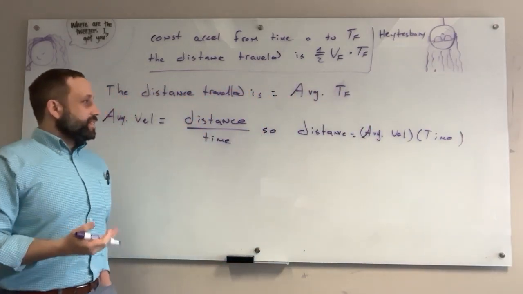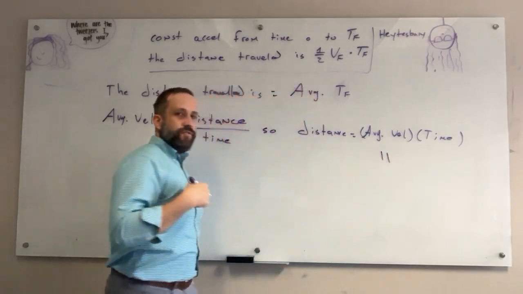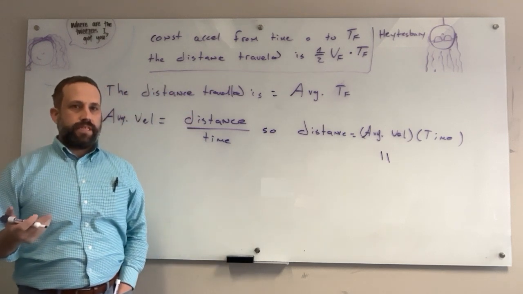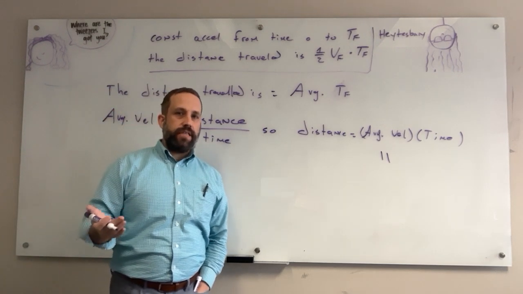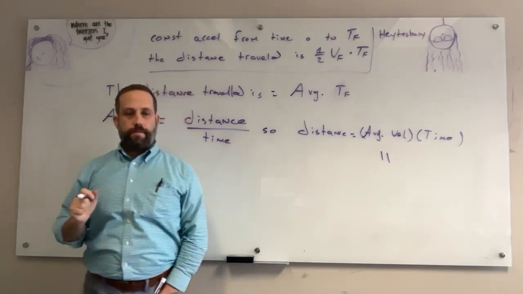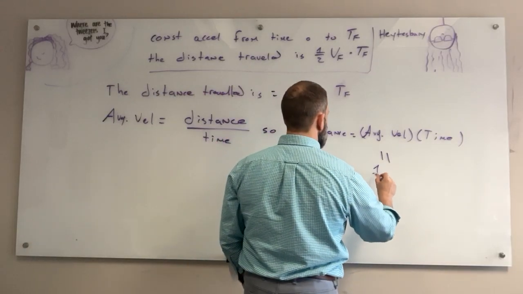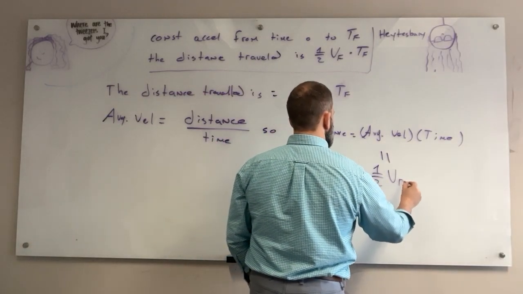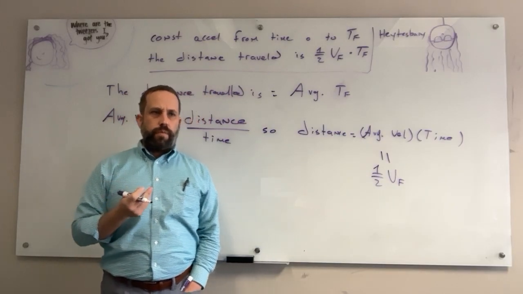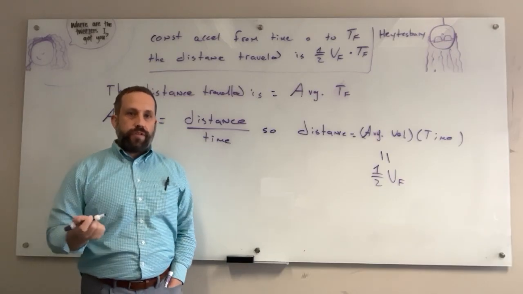Now, to me, it seems obvious that if you are accelerating at a constant rate, starting at 0 and increasing at a constant rate, then your average velocity is just going to be equal to 1/2 times the final velocity. And in terms of defining what the average value of a function is, we know this is absolutely true.